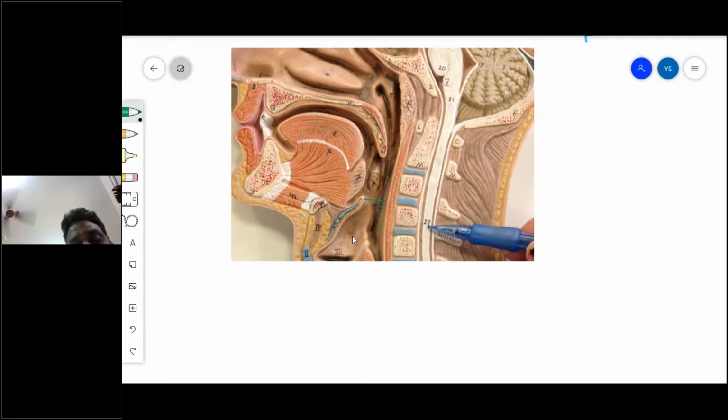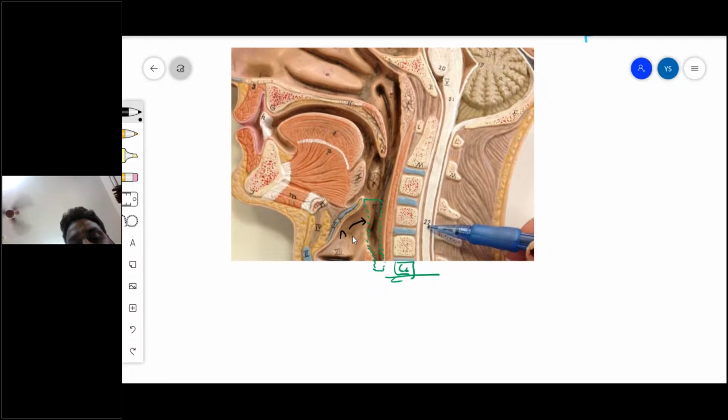So from the upper border of the epiglottis to the lower border of the cricoid cartilage, up to here, the C6 vertebra. So with the green dotted lines, I am showing you the laryngopharynx.